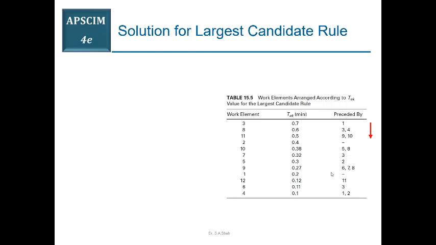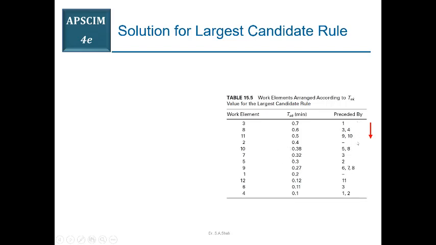Now this assignment will be based upon the type of rule that you are using, and we are using the largest candidate rule. In the largest candidate rule, we have arranged this table in terms of TEK values in descending order. So we try first to assign those work pieces, those operations which have the maximum time.